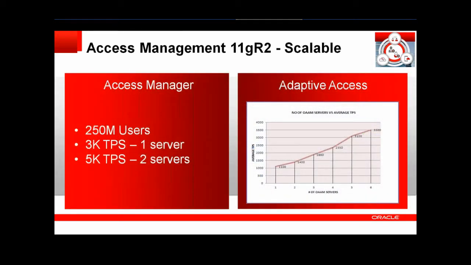So coming back to the scalable part of it, as I mentioned, we did a 250 million user benchmark on the Access Management platform. These 250 million users got loaded into OID, and the benchmark was done using the Exalogic platform with Exadata as the database.